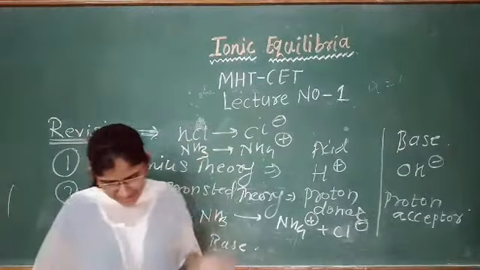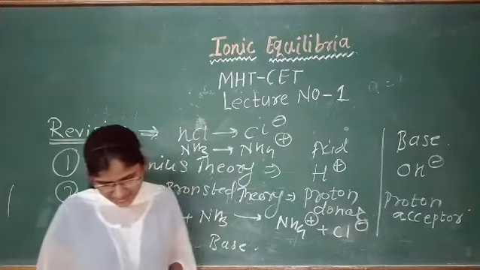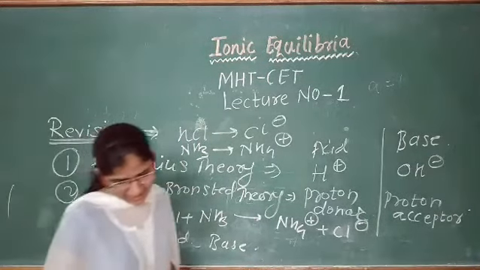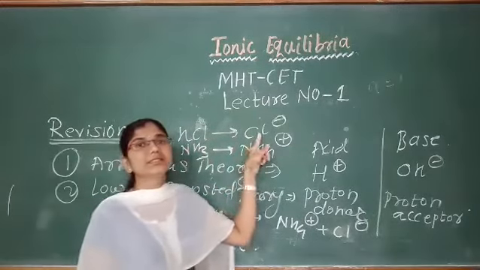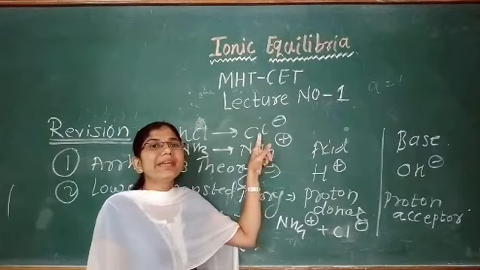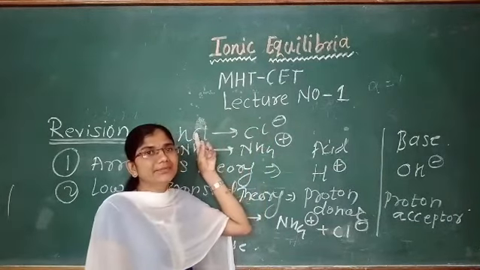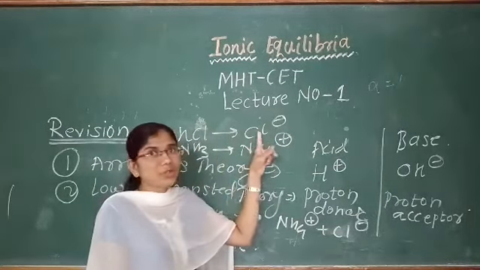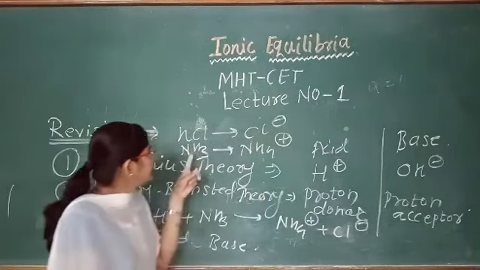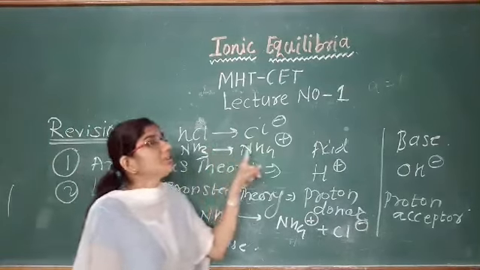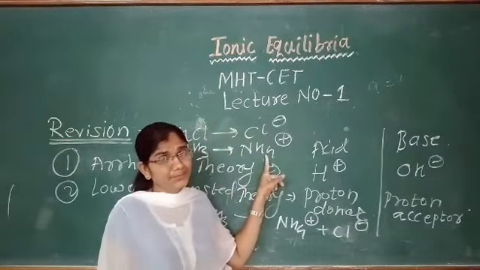HCl is an acid and Cl minus is its conjugate base. This is a base and this is its conjugate acid.